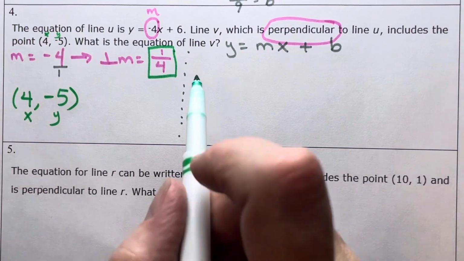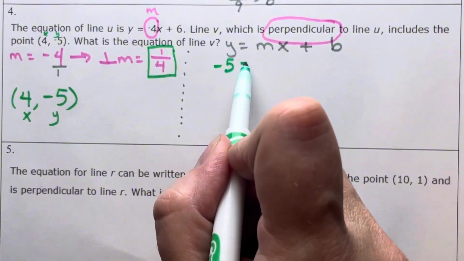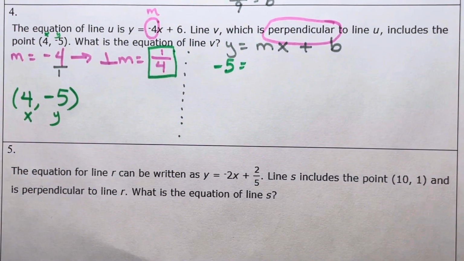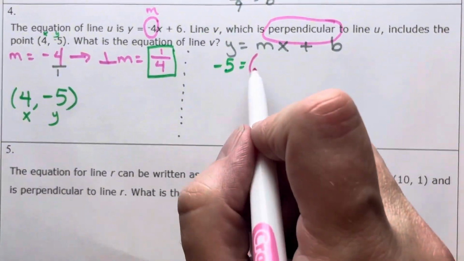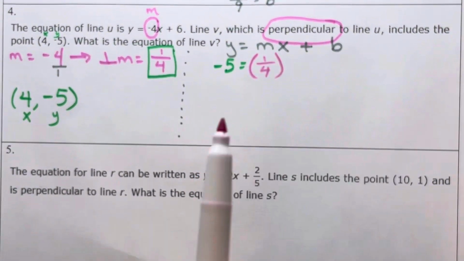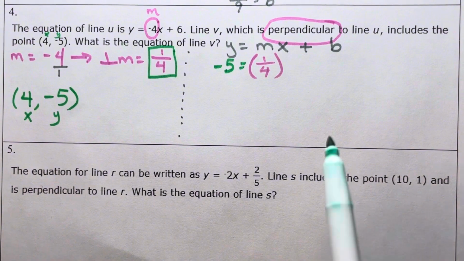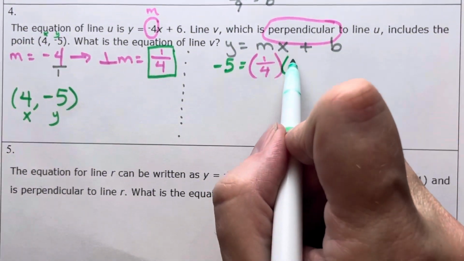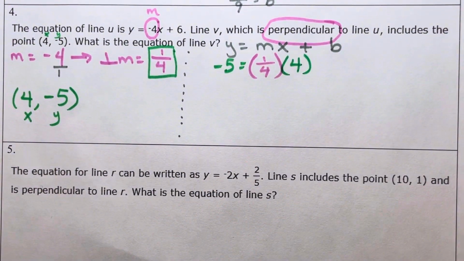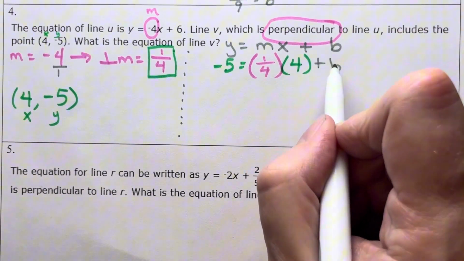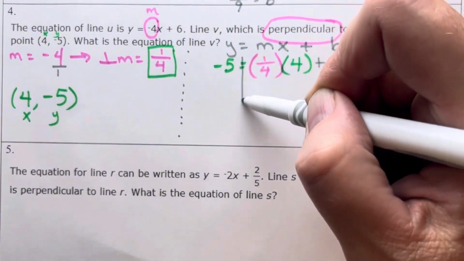Well, for y is -5. For our m, our slope, is a positive 1/4. The x is replaced with a positive 4. And we need to go solve for b, the y-intercept.